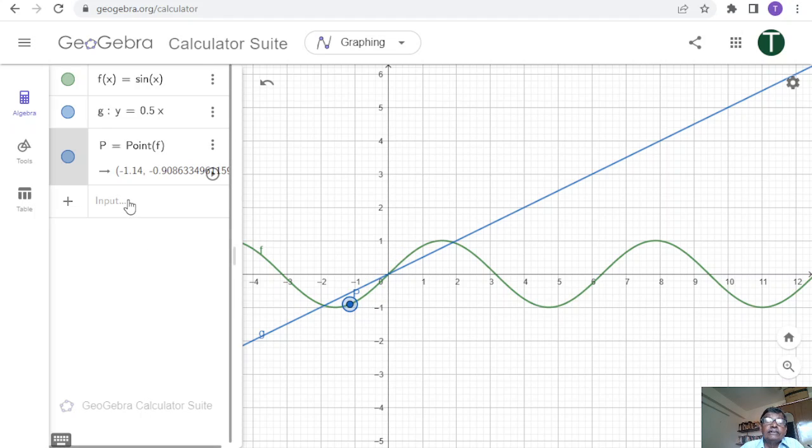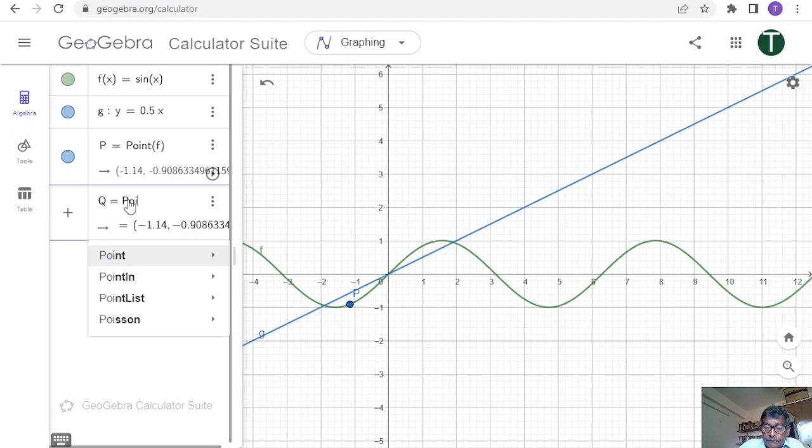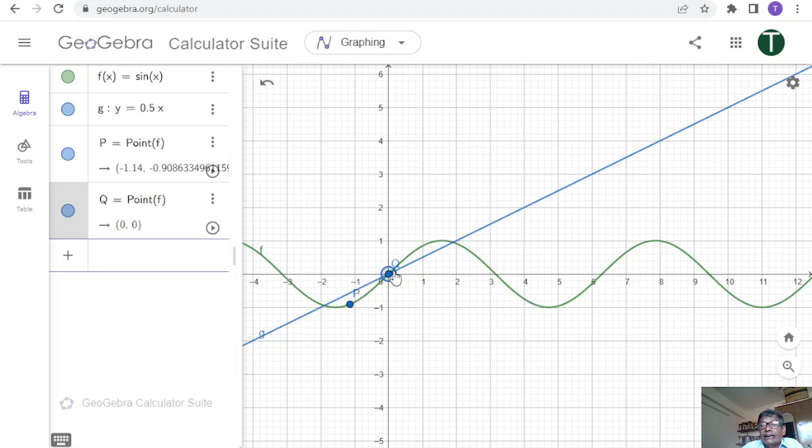So you keep it here, and then you create another point. Q is equal to point on the same function f. And this is Q created, and this Q could be anywhere you like.